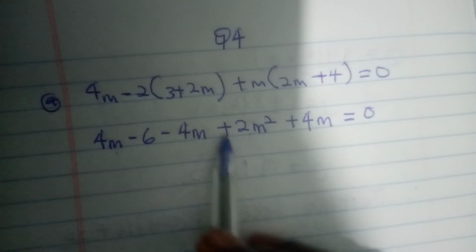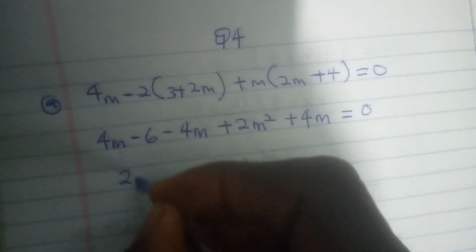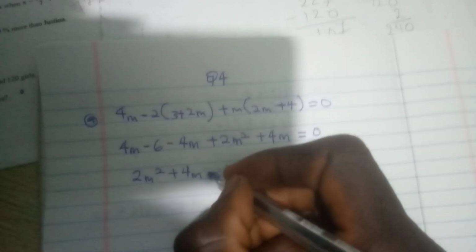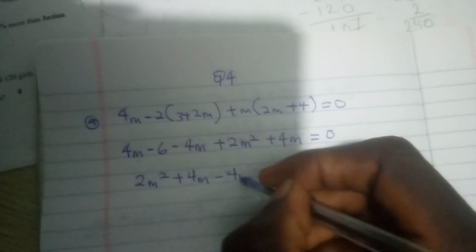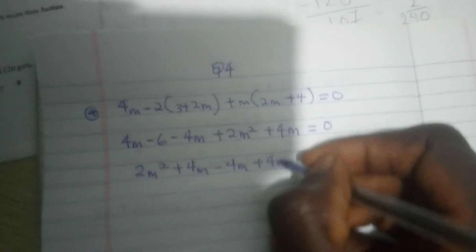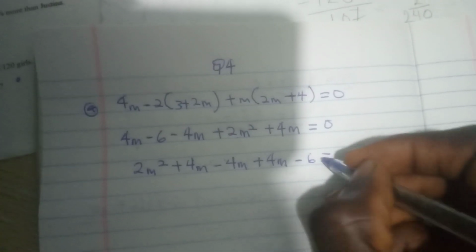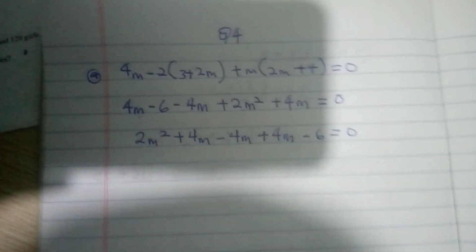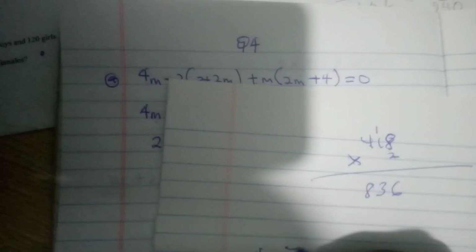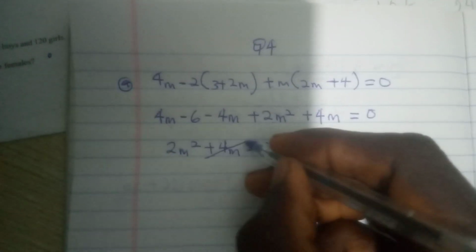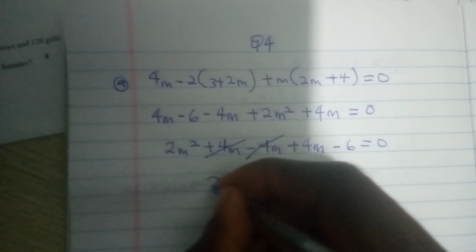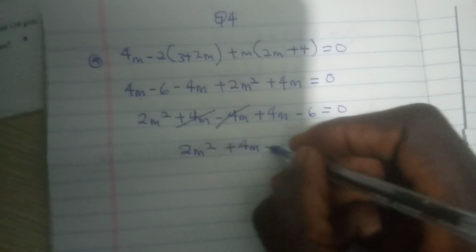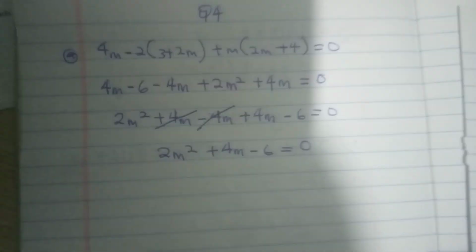So grouping like terms, we can bring the m squared first and say 2m squared plus 4m minus 4m plus 4m, then minus 6 is equal to 0. Now you have positive 4m minus 4m, which is the same as asking what is 4 minus 4, which is 0. So we say these ones will cancel out. Now you are left with 2m squared plus 4m minus 6 is equal to 0.